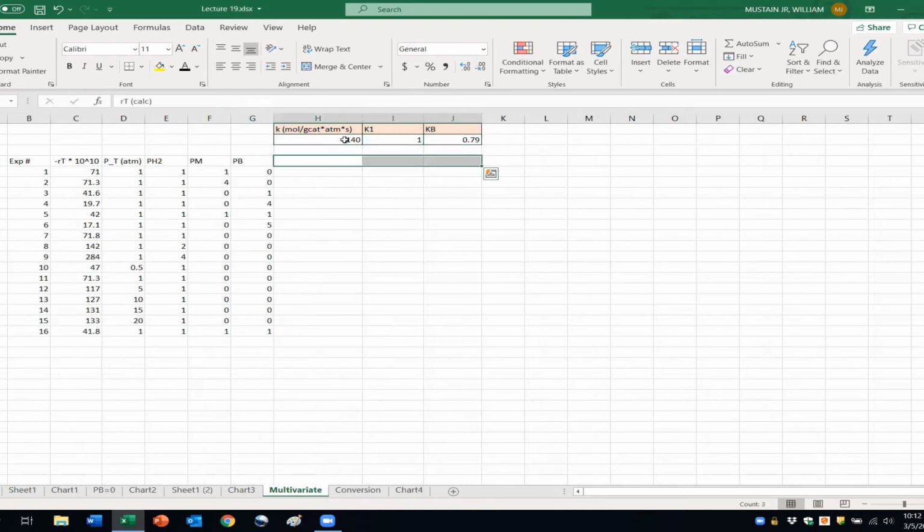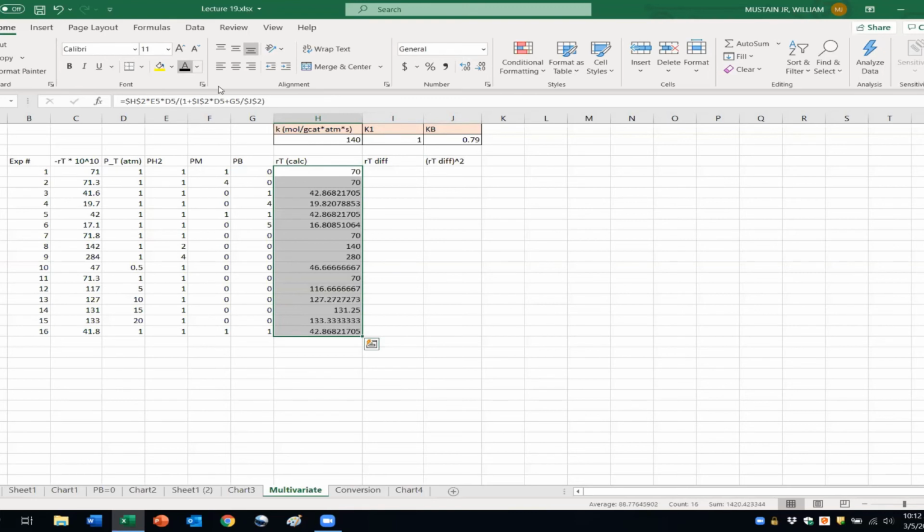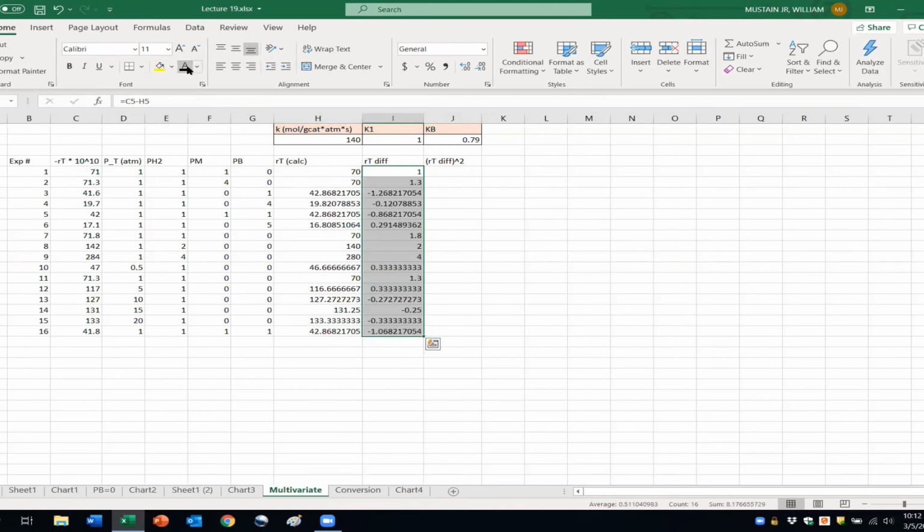Then I set up 3 columns, where one was the calculated rate using the rate law. I did that for every single data point, where I calculated the reaction rate. Now from the data, we know exactly what the reaction rate is. So I calculated a difference between the values estimated from our guesses and the actual reaction rate that was measured.